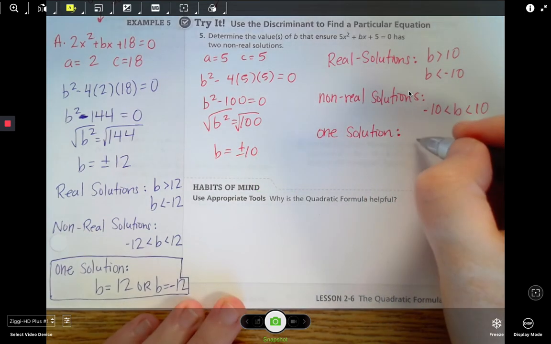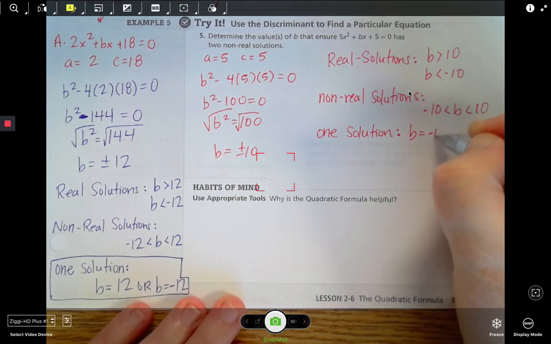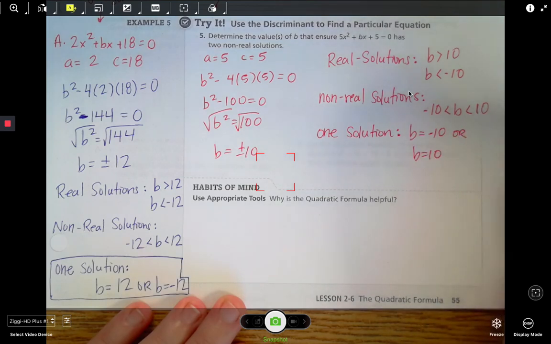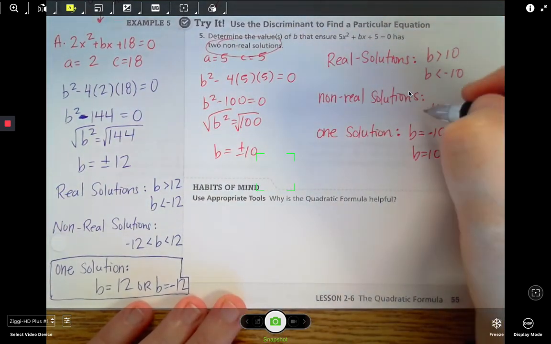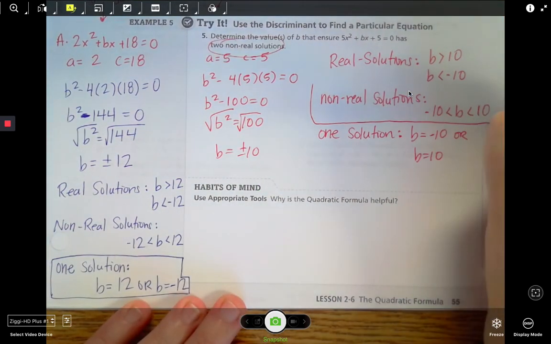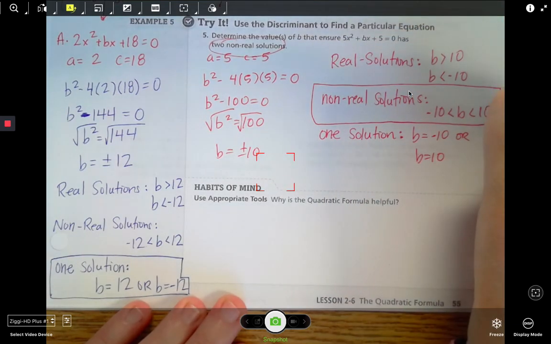If I want one solution, b has to equal negative 10, or b has to equal positive 10. What this is asking for is two non-real solutions, so what needs to happen is I need b to be between negative 10 and positive 10.